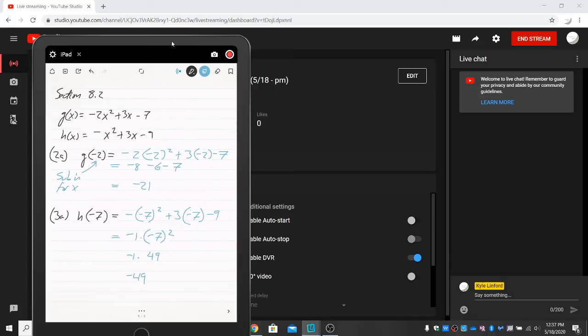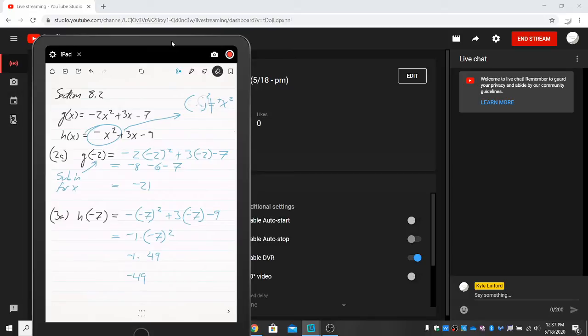A lot of people think that -x squared should be a positive x squared. They think, why not, right? This is the same thing. It's not the same thing because this -x is not written in parentheses.